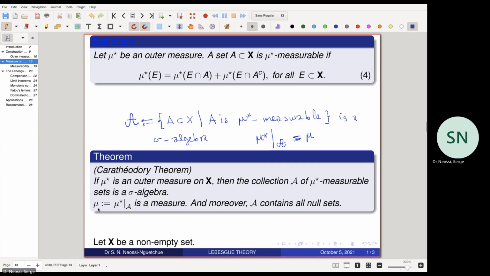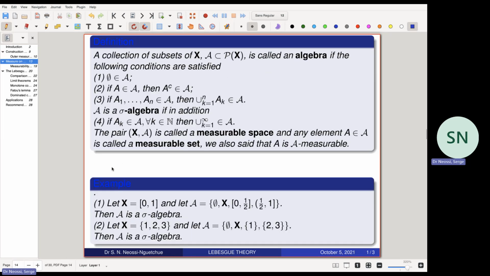Okay, now if we let capital X be a non-empty set, we can define an algebra, right? A collection of subsets of capital X, denoted by calligraphic A, subset of the power set of X, is called an algebra if the following conditions are satisfied. First of all, that collection should contain the empty set.